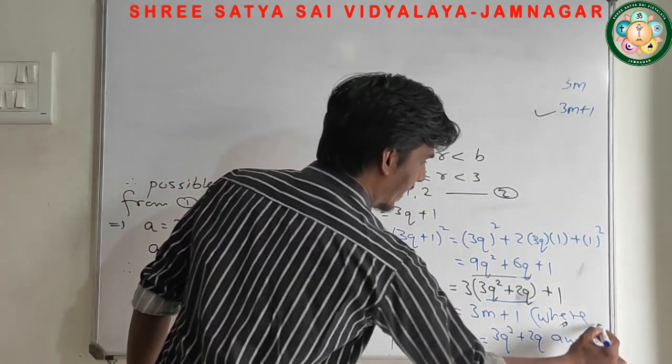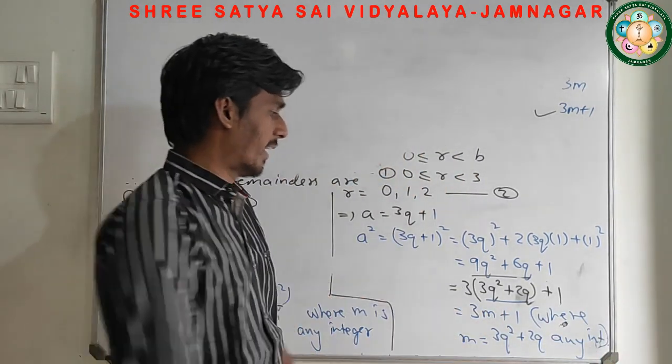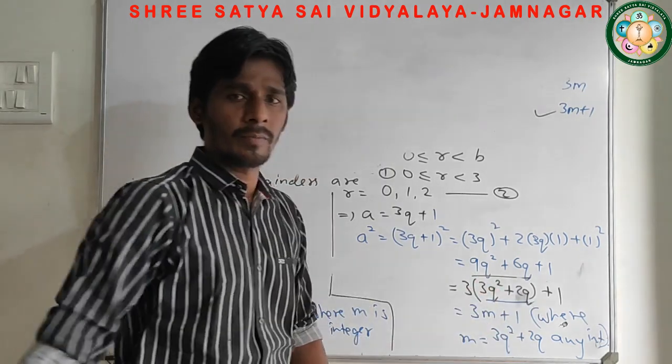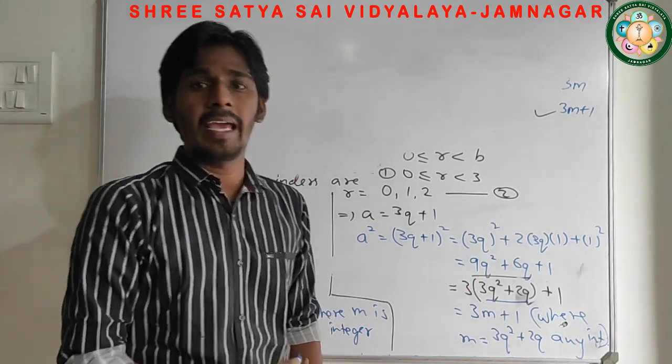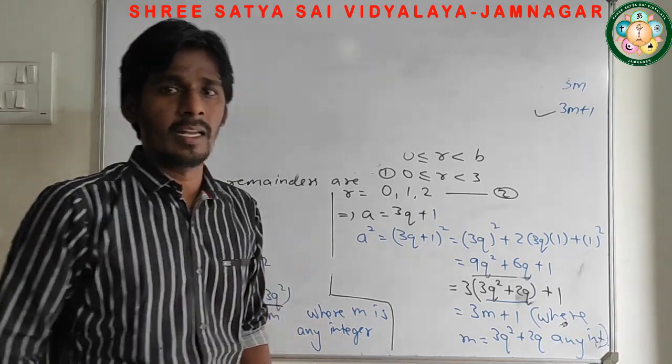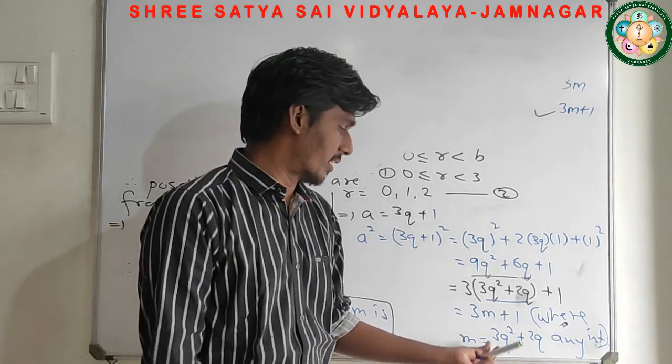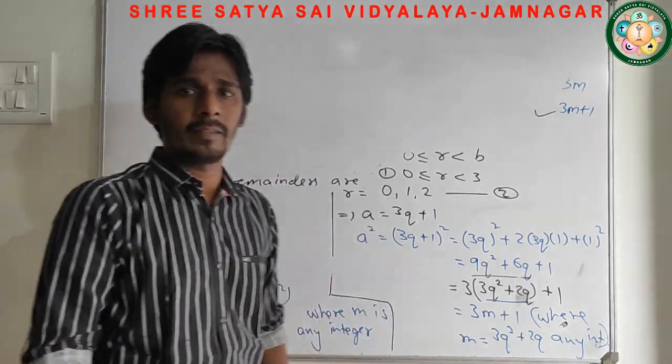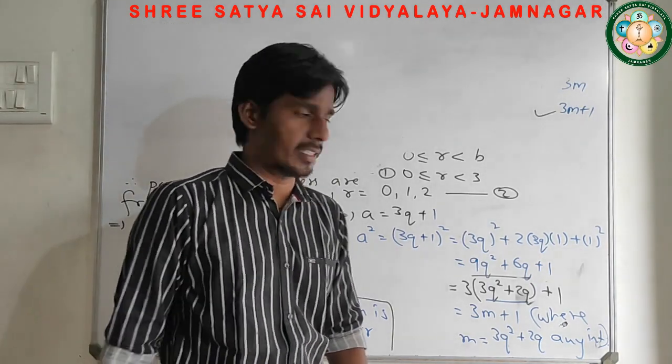You can write it in a bracket, it doesn't matter. M stands for any integer, not any one variable like x. It can be any integer or some integer we can write. It is also mentioned in the question itself.